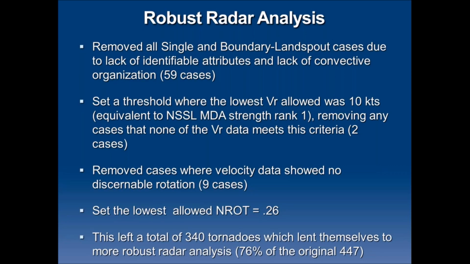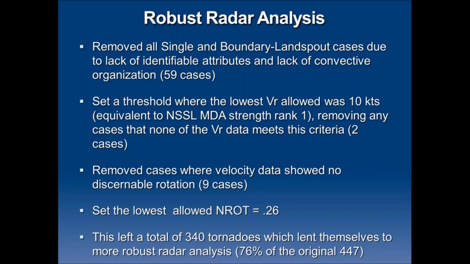We wanted to get rid of the single and the boundary landspout cases, because for the most part there were no identifiable features in the radar data for the vast majority of those cases. So we removed all those single and boundary landspout cases. That was 59 cases.